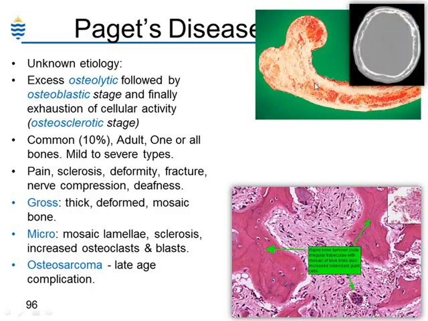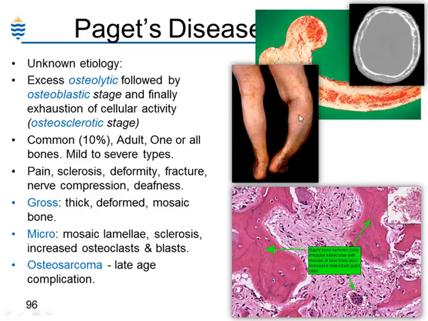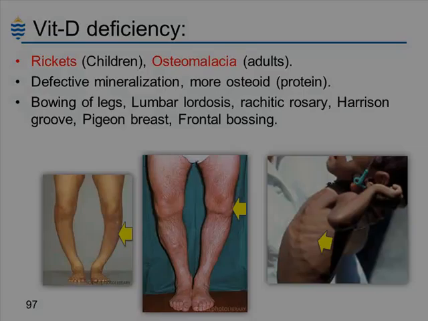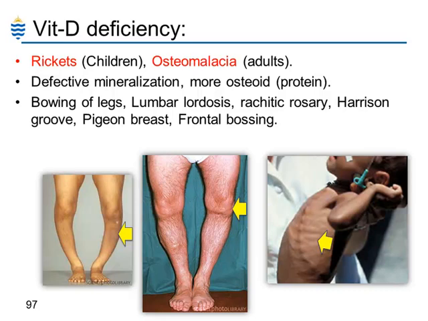That is the skull image and that is the long bone. The bowing, thickening, the bone is thick but very soft. Vitamin D deficiency: the difference between rickets in children and osteomalacia, rachitic rosary, which is the thickening of the growing ends because of excess deposition of cartilage.